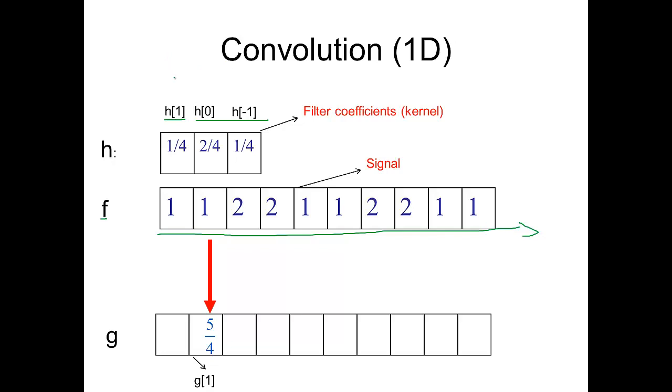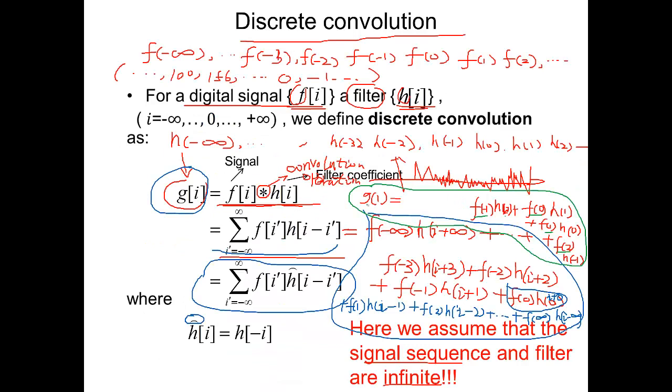That's two directions. This is f0, this is f1, this is f2, this is f3, then f4, f5.